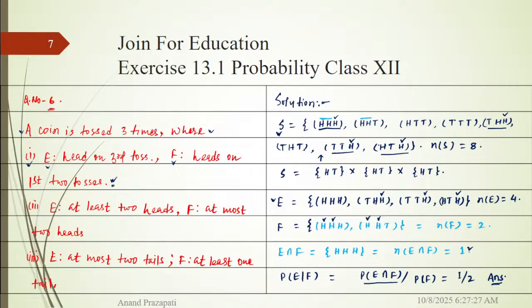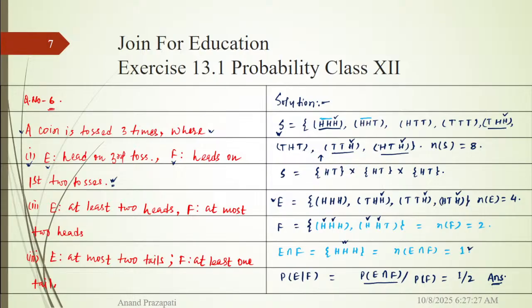If we are asked to find out the probability of E by F, then we need E intersection F. The common sample point in E and F is HHH.